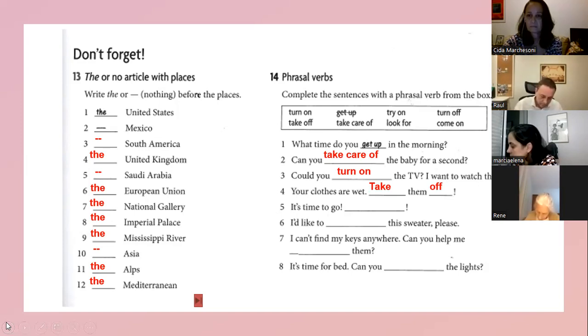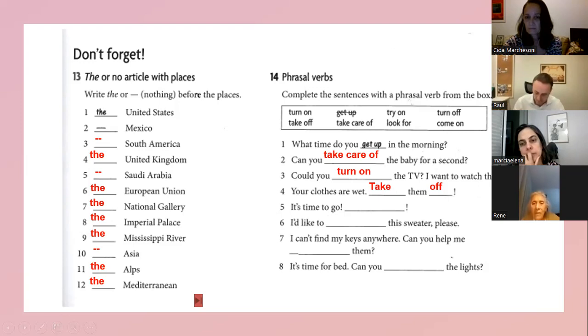And this is to show you also that we can separate the phrasal verbs and put an object in the middle, okay? In the future, we're going to learn a little bit more about the position of the objects with phrasal verbs. But just for you to have an idea, if we did not have a pronoun here, and if we had only the noun, it would be take off your clothes.